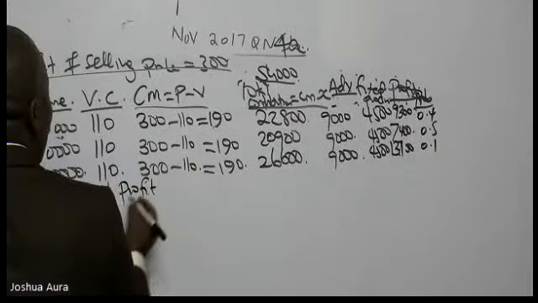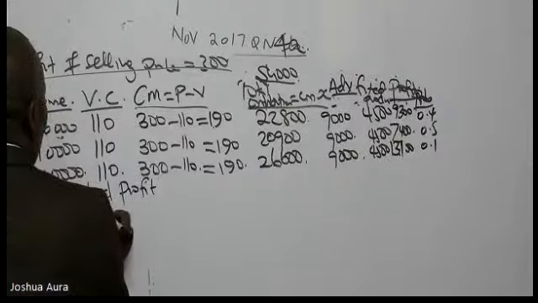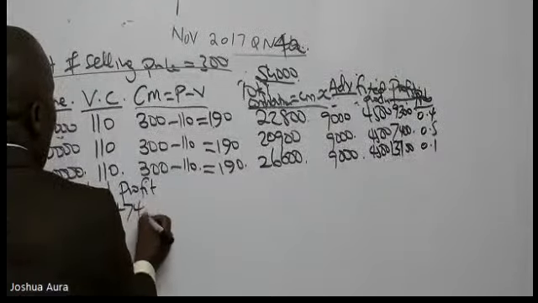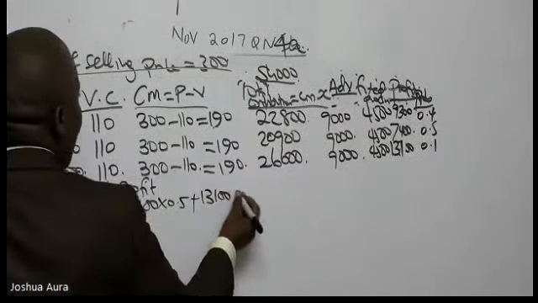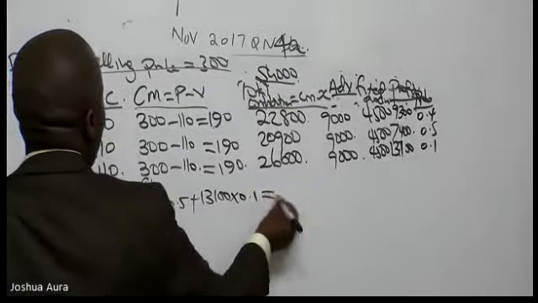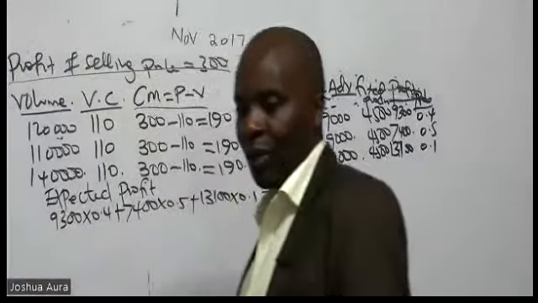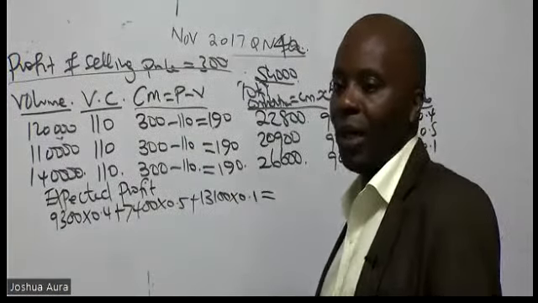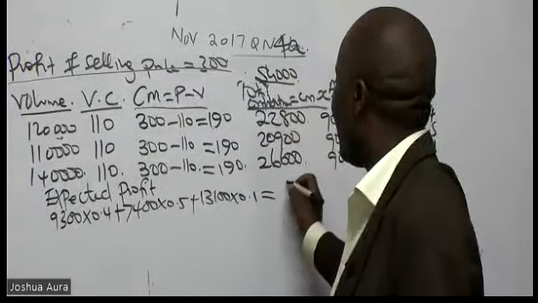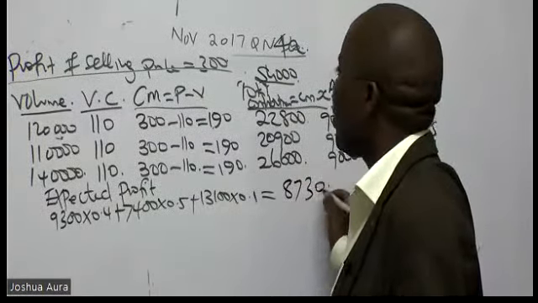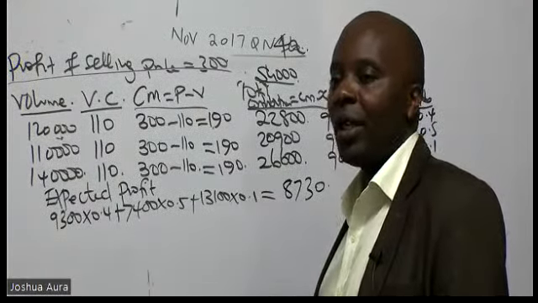So we have 9,300 times 0.4 plus 7,400 times 0.5 plus 13,100 times 0.1, like that, which will end up giving us what expected profit figure? Please help me out here. 87.30.